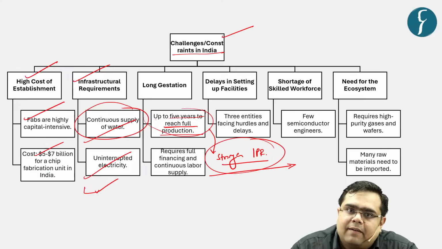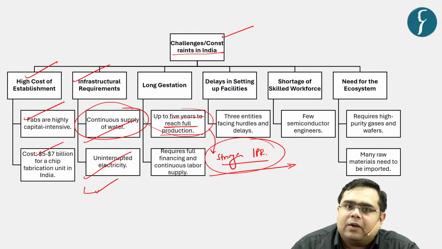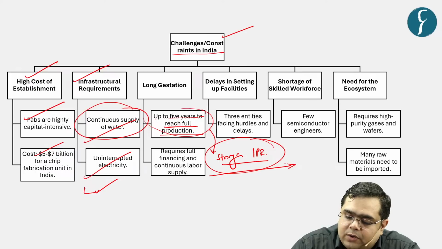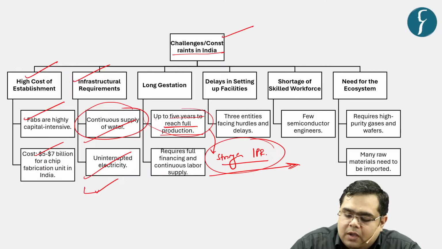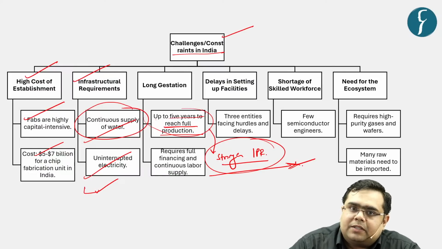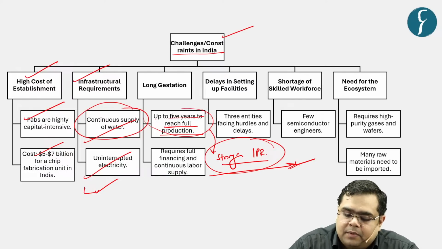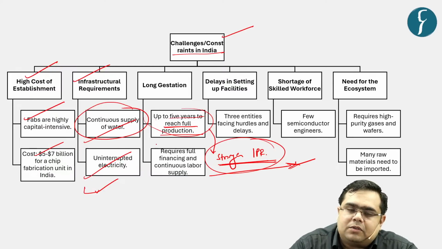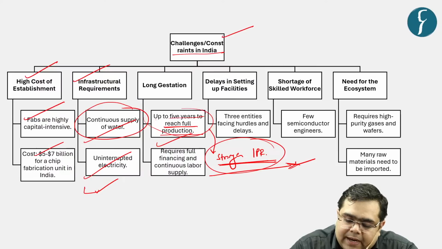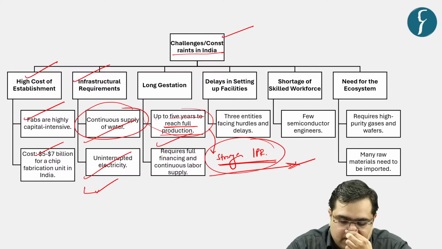And if I have to go into this business, I have to do a lot of research, I have to do a lot of investment in R&D. Then only I will be able to manufacture that particular chipset and get it patented. So because it is regulated by very strong IPR laws, it takes almost 5 years to realize the full production potential.